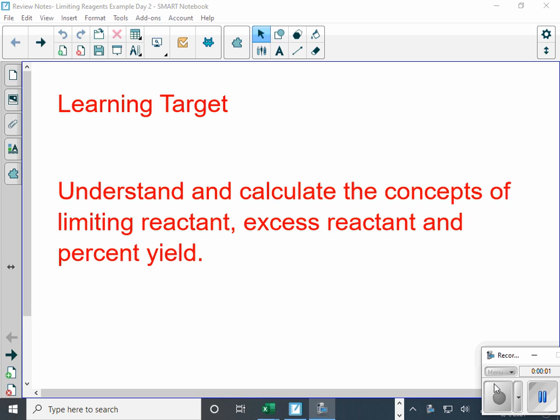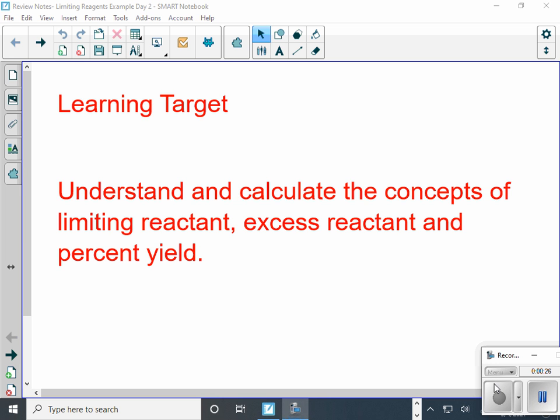So as you can see up here on the board, our learning target is to understand and calculate the concepts of limiting reactant, excess reactant, percent yield. Now, you'll hear this called limiting and excess reactant, or you also hear it called limiting reagent. Sometimes we replace the reactant with the reagent.